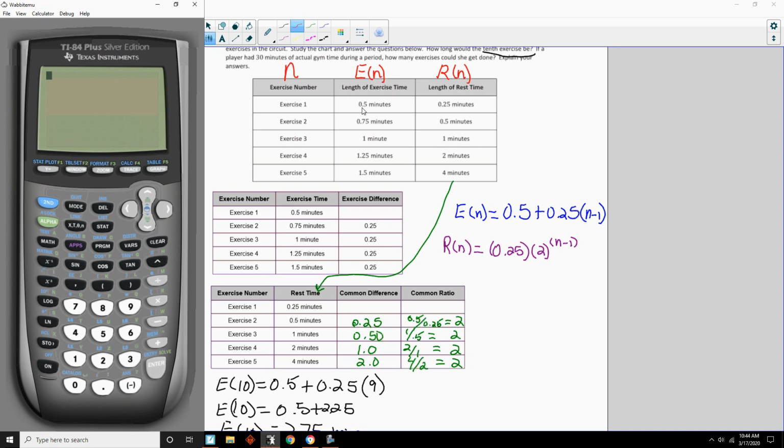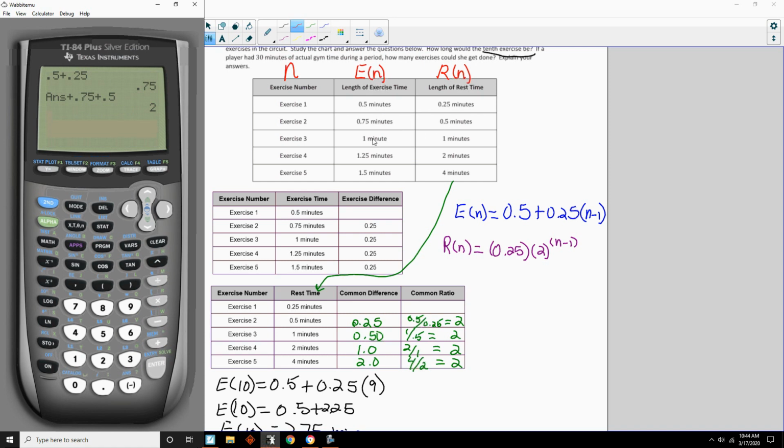So I'm adding 0.5 plus 0.25, forgot my point, 0.25. Okay, so that's how long exercise 1 took. And then exercise 2 is 0.75 of exercise, 0.5 minutes for rest. So 0.75 plus 0.5. So now we're up to 2. So 1.25 and the 0.75 gives us a total of 2 minutes. So these 4 values total 2 minutes.